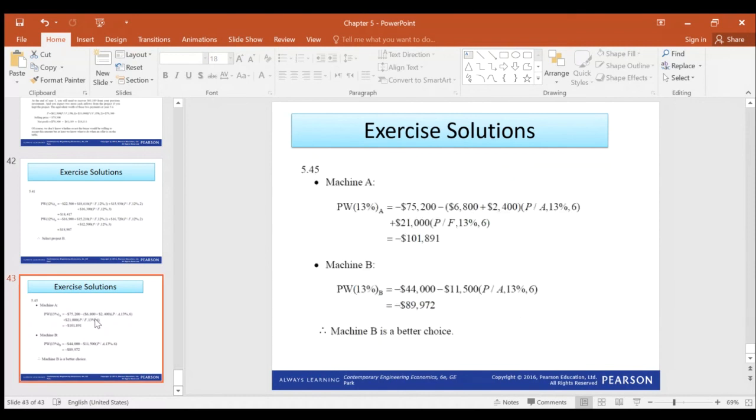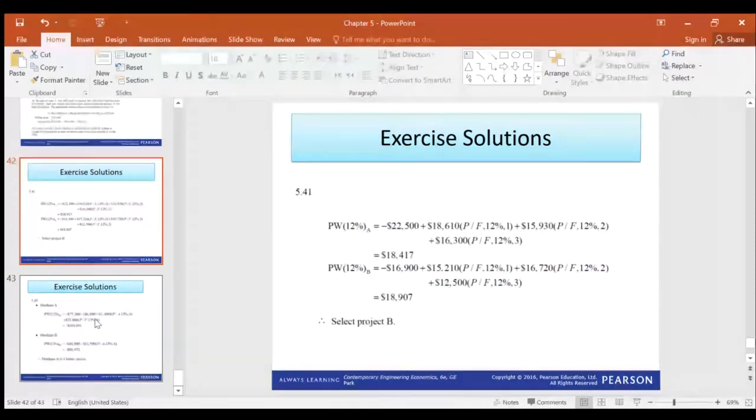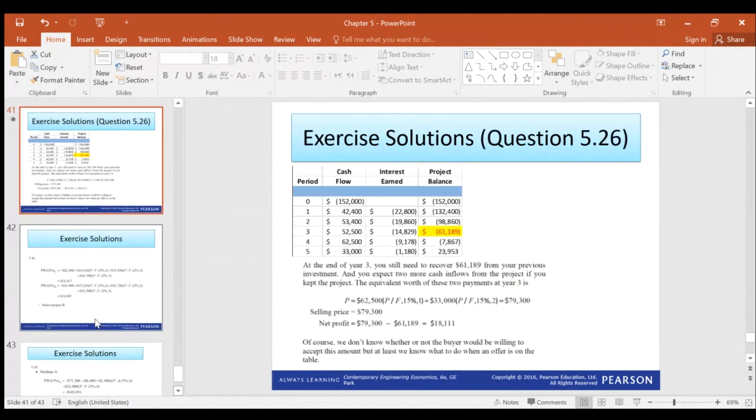The last question is this one, machine A and machine B, which is simple. Which machine is better? You calculate the cost of both machines and see which gives you the lower cost. It is similar: present worth. You calculate the present worth. Same thing for 41: you have to select which of two projects is better. And this one, 26, just ignore it.